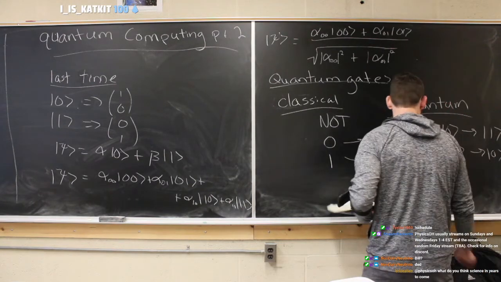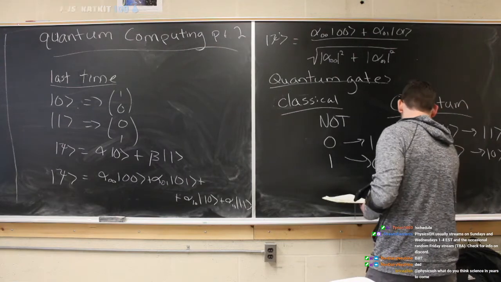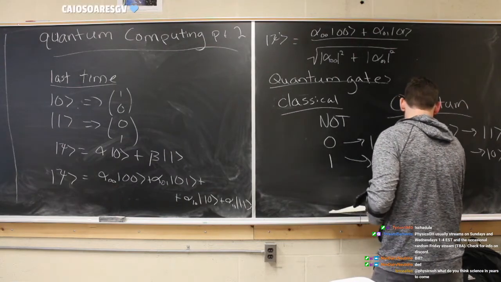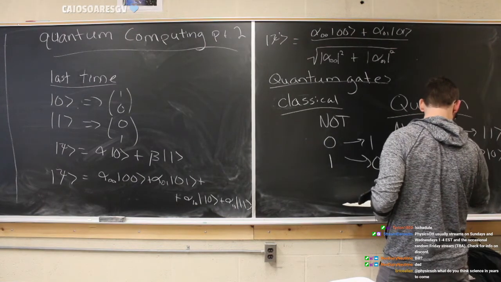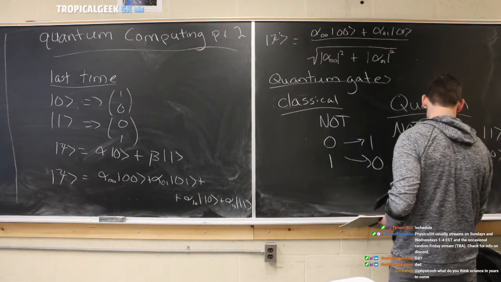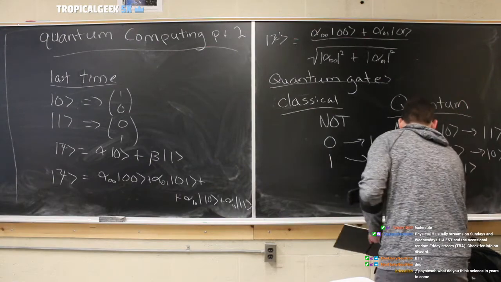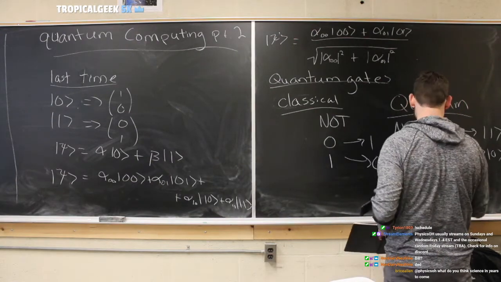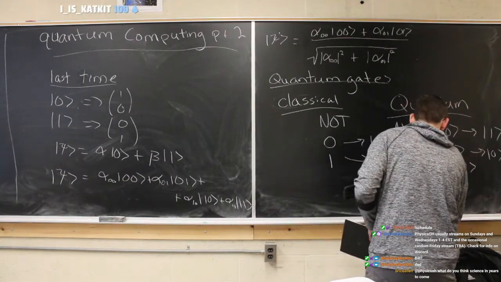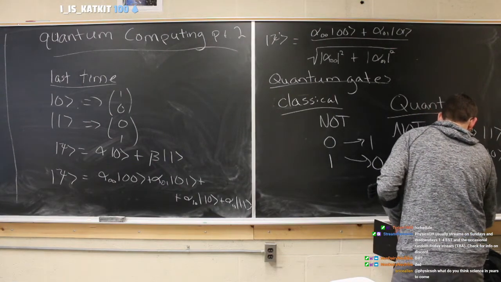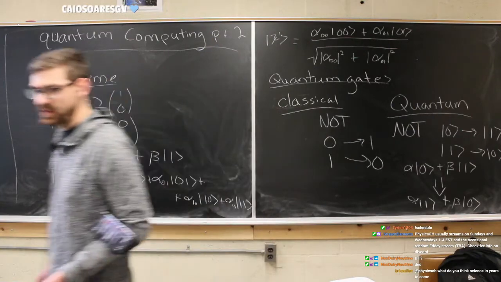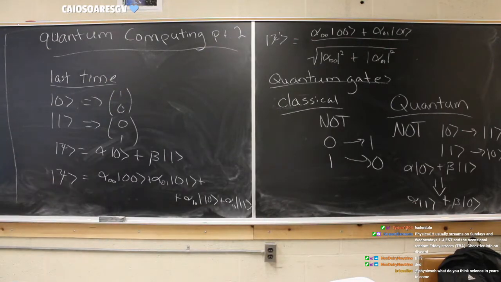So if we took the state alpha times 0 plus beta times 1, after we apply the NOT gate, it becomes alpha times 1 plus beta times 0. We're basically switching the states as we apply the quantum gate to them.